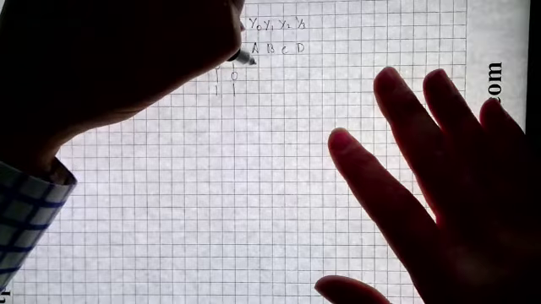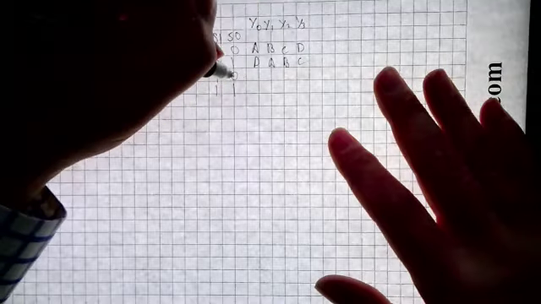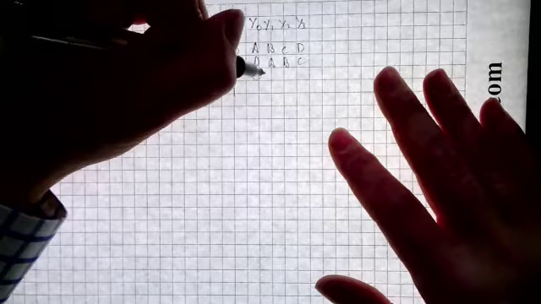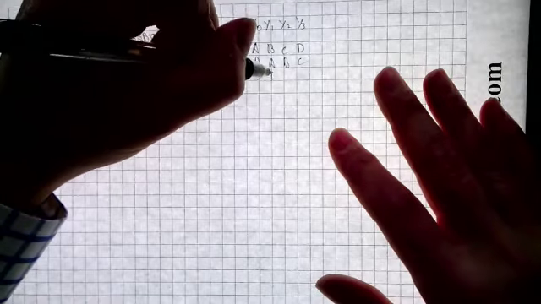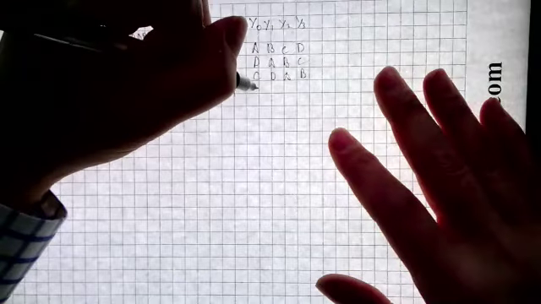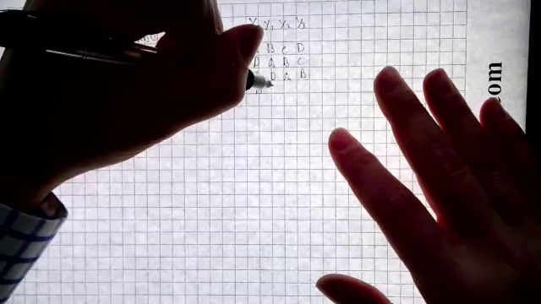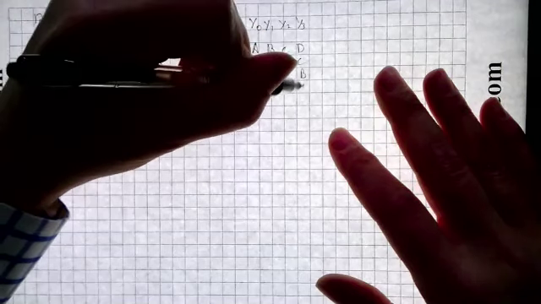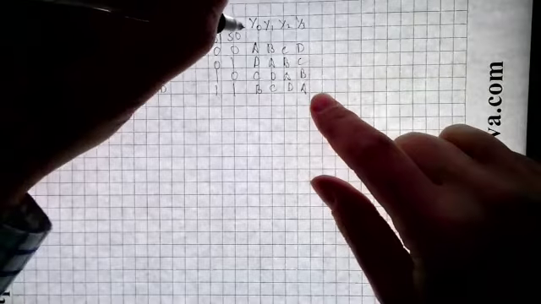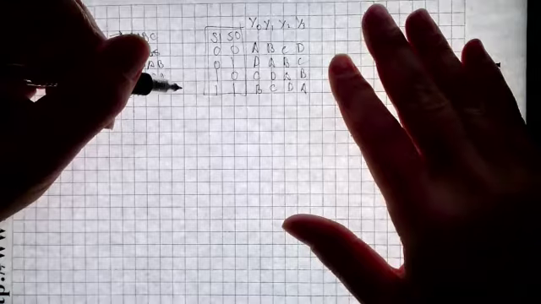If it's 0, 1, we shift by 1, so it's D, A, B, C. If it's a 2, we shift by 2, so it's going to be C, D, A, B. And if it's 3, we shift by 3, so it's going to be B, C, D, A. So those are the outputs that we'd like to have given the following inputs. So that's kind of cool, actually.